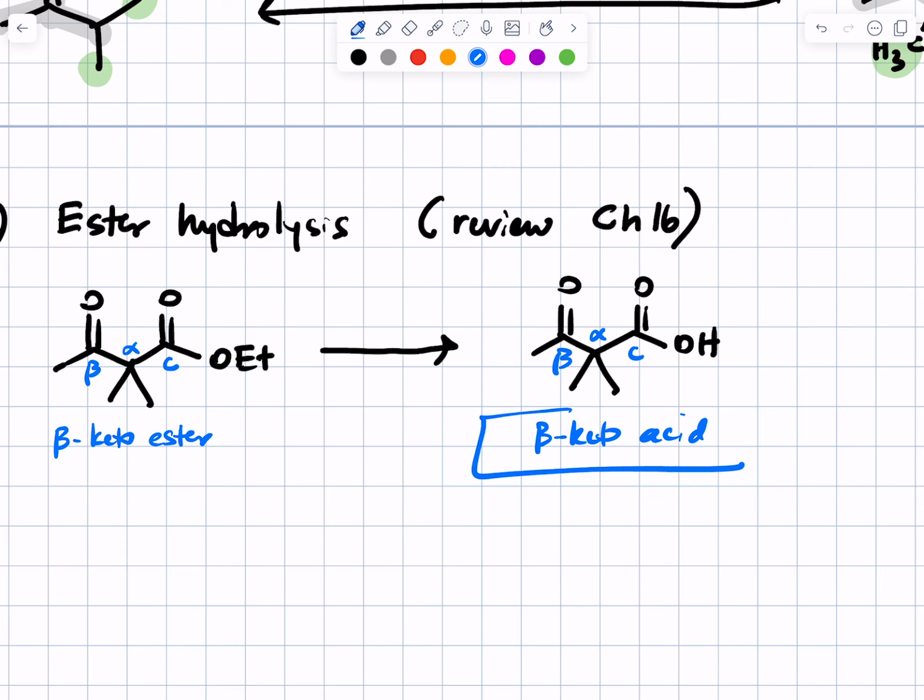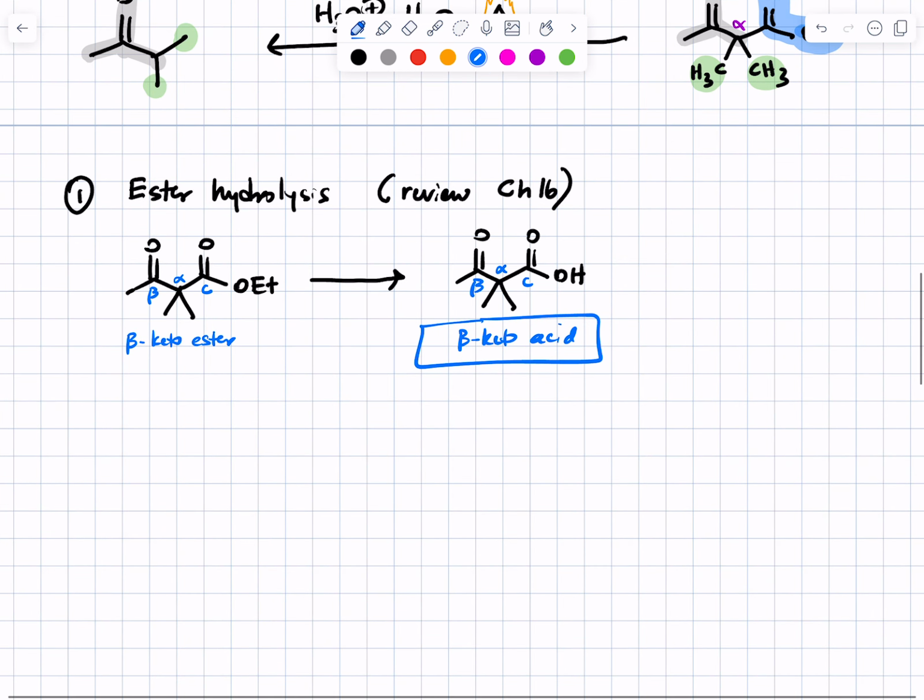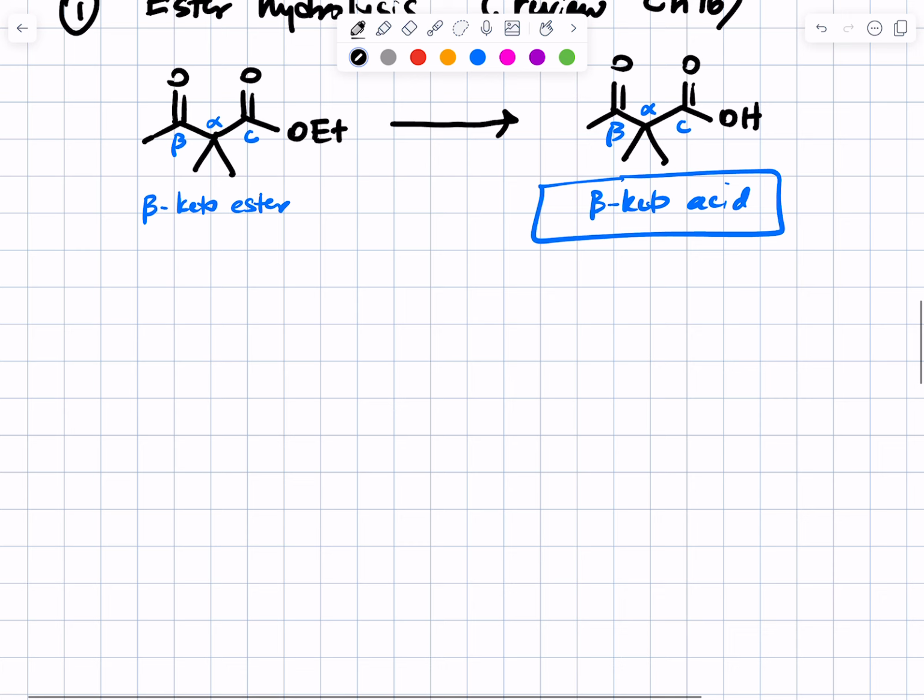And beta keto acids are an important structural pattern to recognize in chemistry and biochemistry because they have some interesting properties that are really useful. And one of those is that beta keto acids spontaneously decarboxylate. In fact, some of the CO2 you are exhaling right now comes from spontaneous decarboxylation of a beta keto acid in the citric acid cycle that's going on inside your mitochondria. So this is going on all the time.